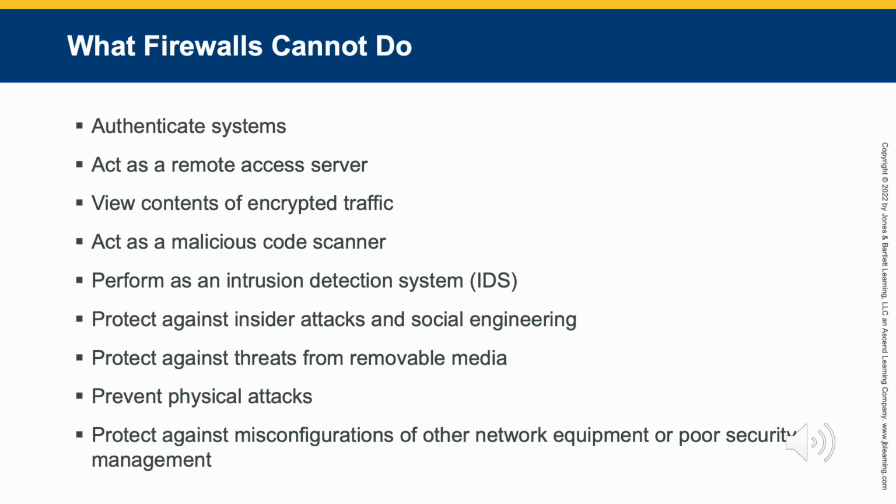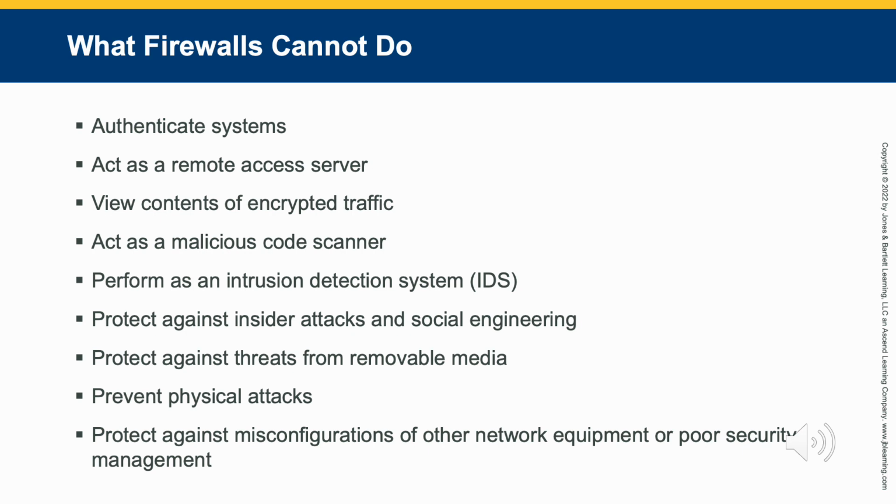What firewalls cannot do: authenticate systems, act as a remote access server, view contents of encrypted traffic, act as a malicious code scanner, perform as an intrusion detection system, protect against insider attacks and social engineering, protect against threats for removable media, prevent physical attacks, protect against misconfigurations or other network equipment or poor security management.